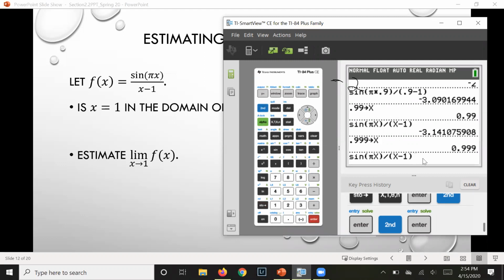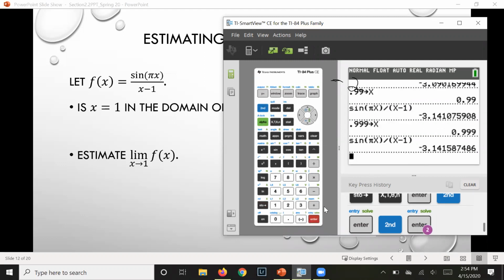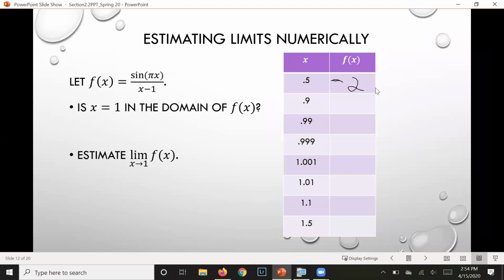Notice it's brought up this sine of pi x divided by x minus 1 again. If I press enter, now it's evaluated the function using x is 0.999. So that's one way to save yourself some time when you have to plug in a lot of these. Going back to our table, I have already calculated all of these values, so I'm just going to fill them in.